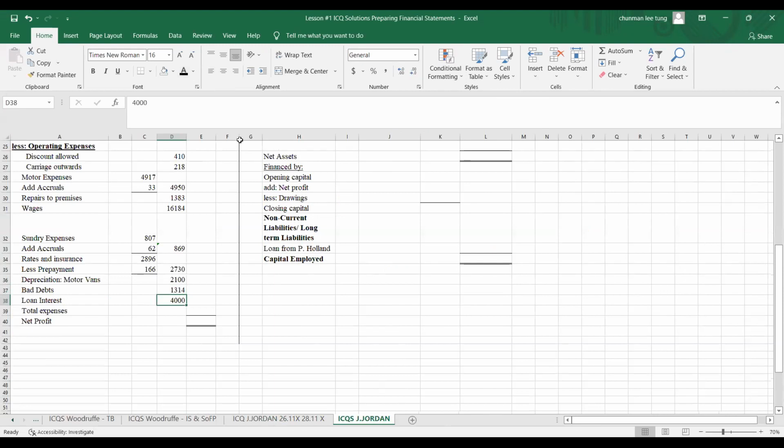4,000. So what is our total expenses? Because we accounted for everything now. We have completed all our expenses. How much did you all get? Okay, so I'm seeing some answers here.